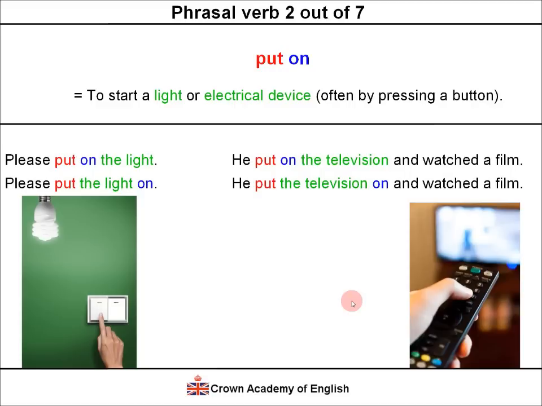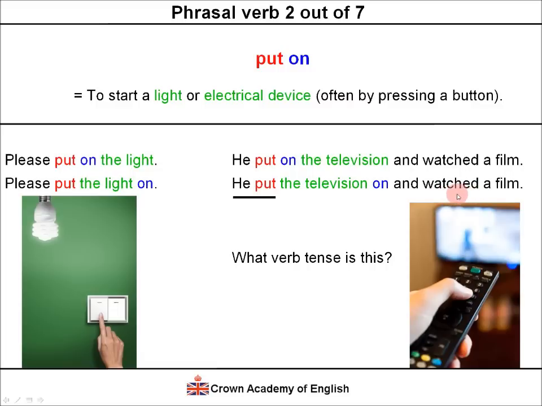I have a question for you. What verb tense is this? He put. Is this the present? Is it the future? Is it the past? Well, the answer is, it is, in fact, the past simple. And the clue is because this second verb is also in the past simple.